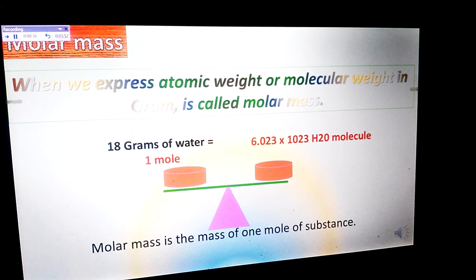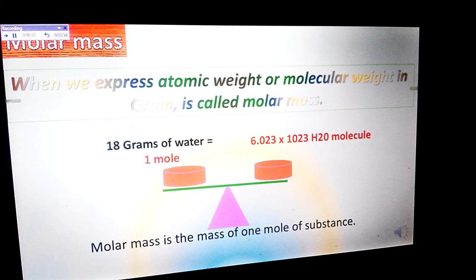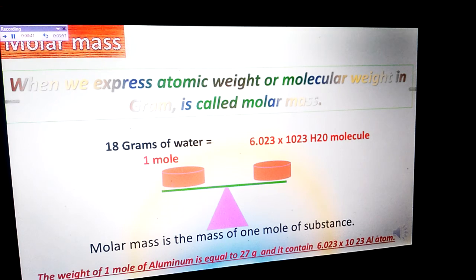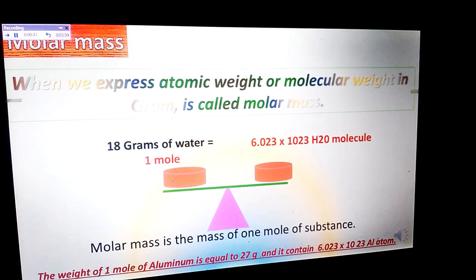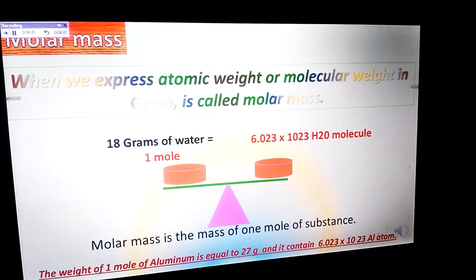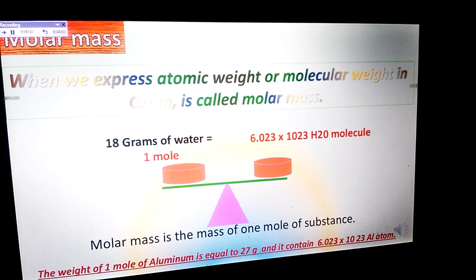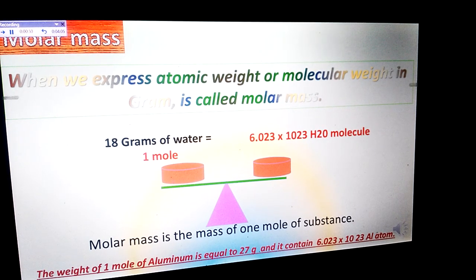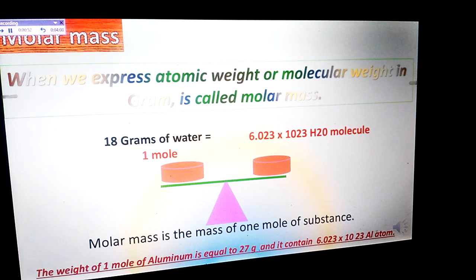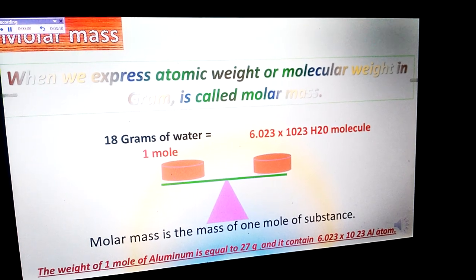Molar mass is the mass of 1 mole of a substance. The weight of 1 mole of aluminium is equal to 27 gram, and it contains 6.023 multiplied by 10 raised to power 23 aluminium atoms.